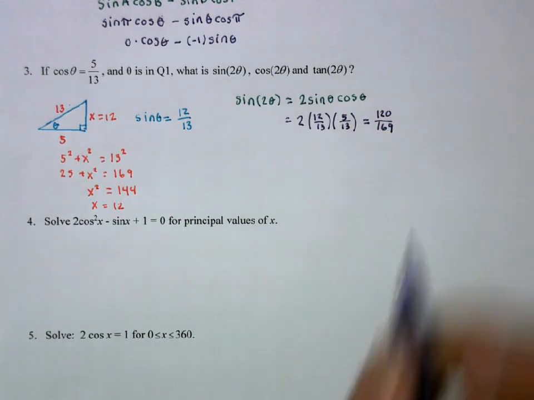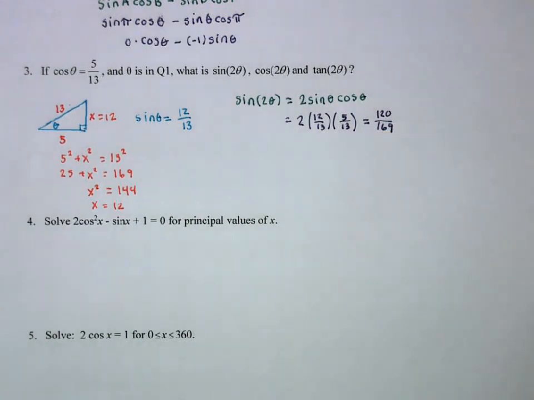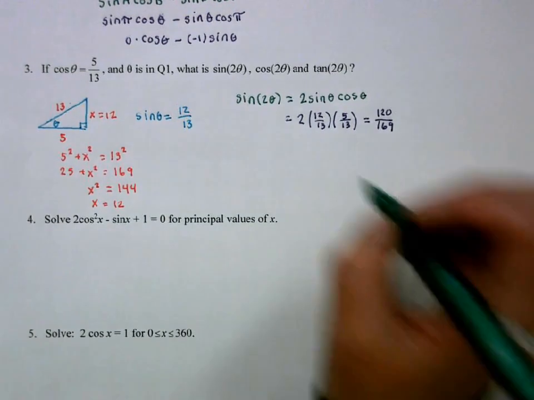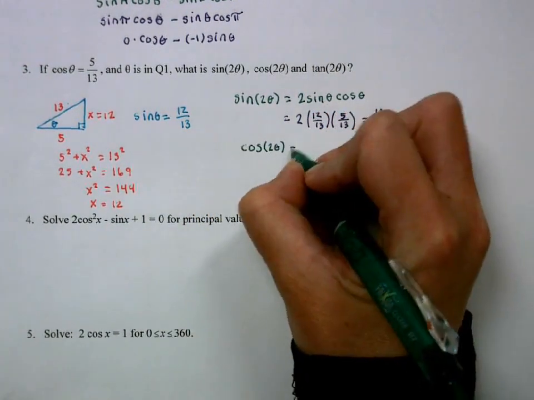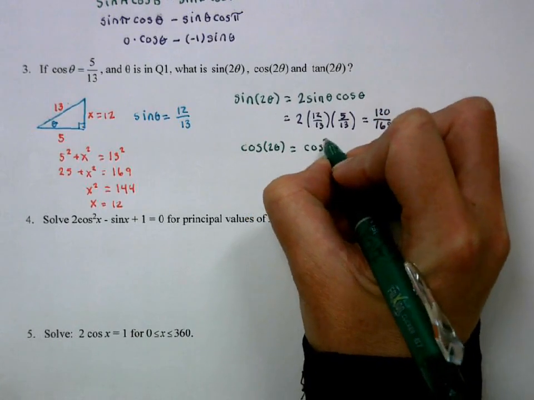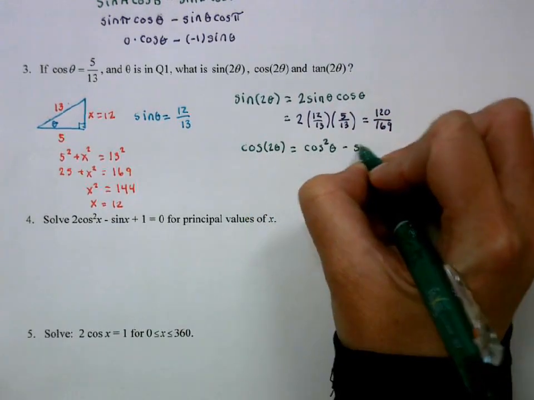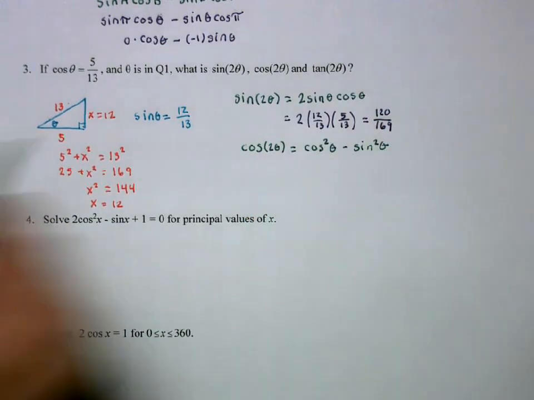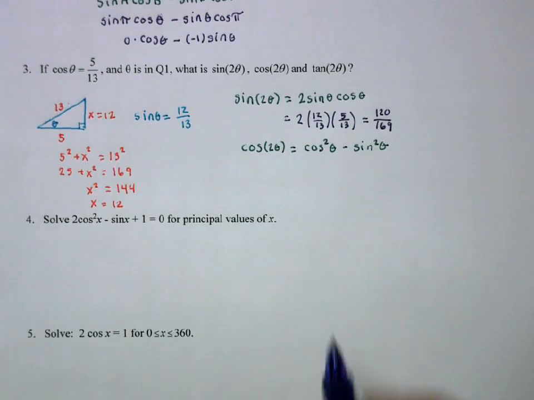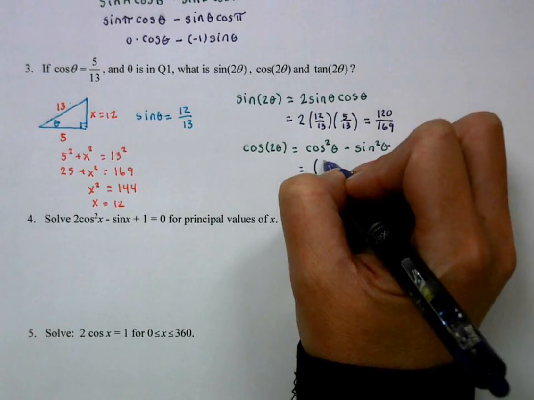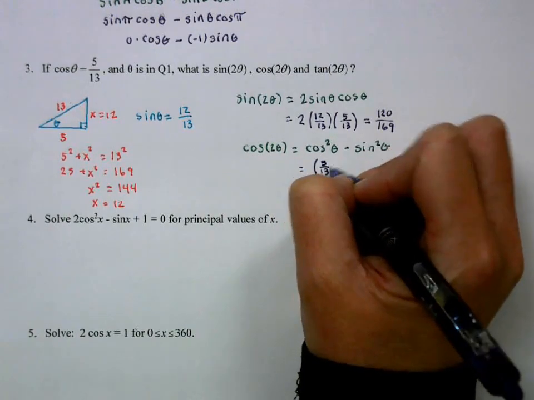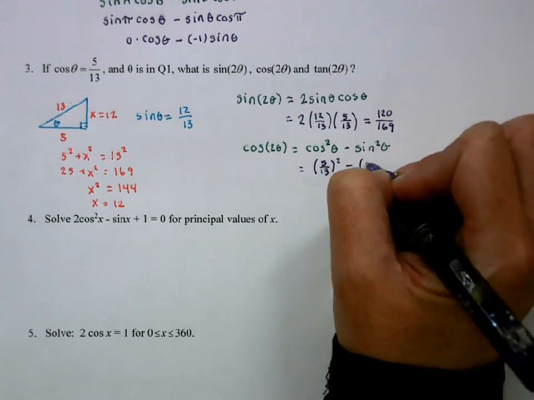Okay, next from the formula sheet, cosine 2 theta. There's 3 options. I'm just going to pick the first one, which is cosine squared theta minus sine squared theta. Then I will substitute my cosine squared minus my 12 over 13 squared.